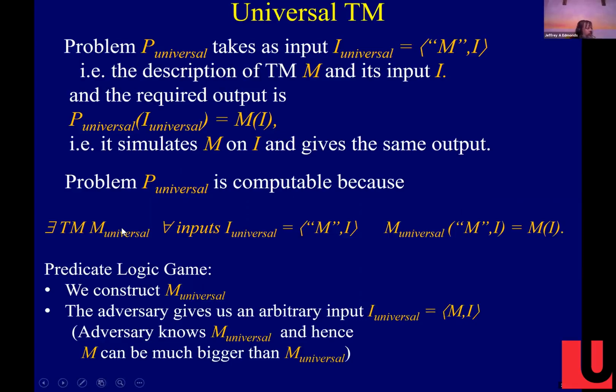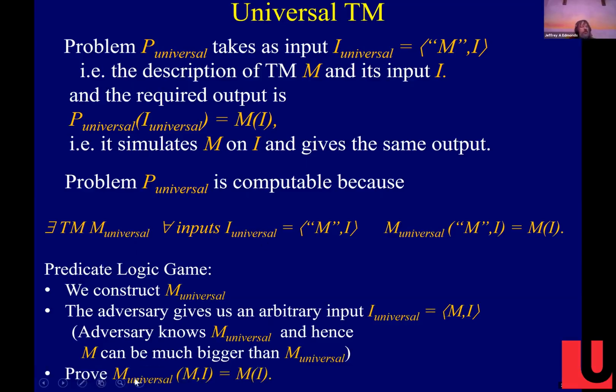If our universal Turing machine had 1 billion states, then the adversary would give me a Turing machine with 1 billion states, right? Because the adversary, when it comes up with its M and its I, it knows your universal Turing machine. So it's going to make its M and I bigger and scarier than your universal Turing machine, right? Does that make sense?